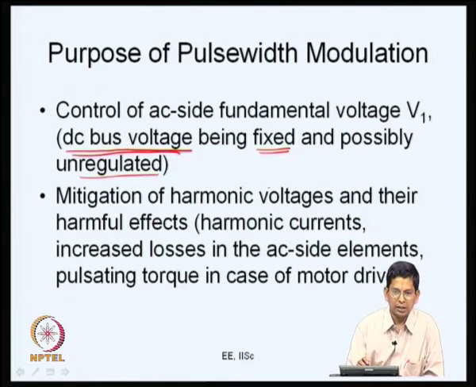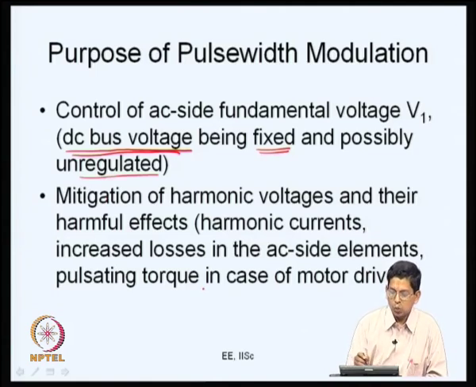The inverter may be fed from a DC source such as an active PWM rectifier or some kind of controlled rectifier, in which case it could be well regulated. On the other hand, it could be simply a diode bridge rectifier with a C filter or an LC filter, in which case the DC bus voltage could also be unregulated. Let us ignore this regulation or non-regulation for the time being. Let us just say it is fixed at a particular value.